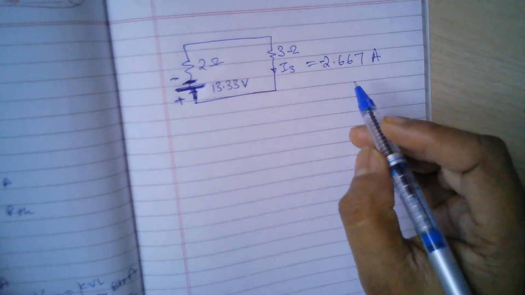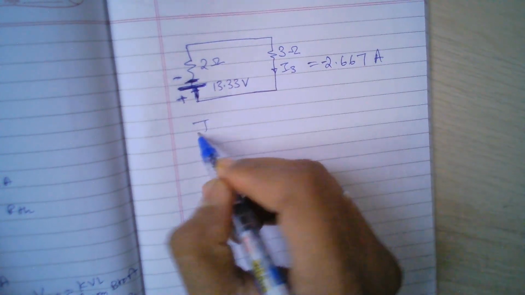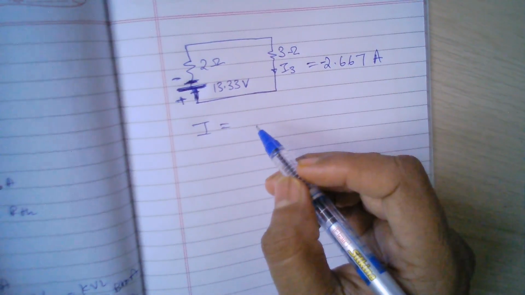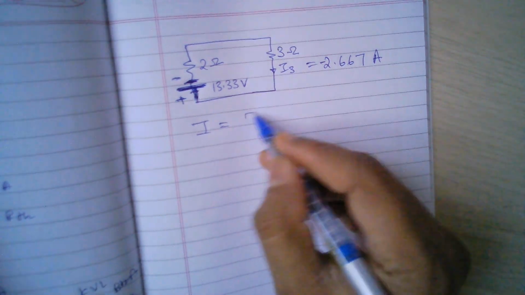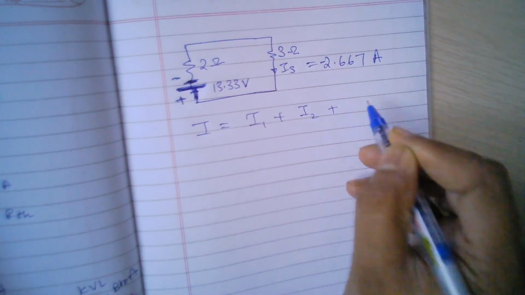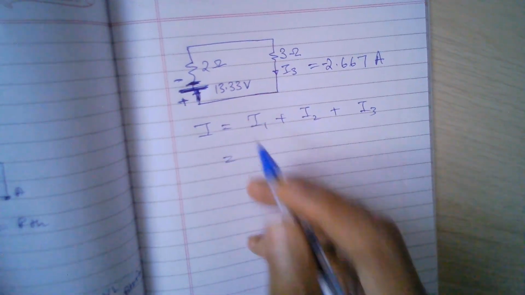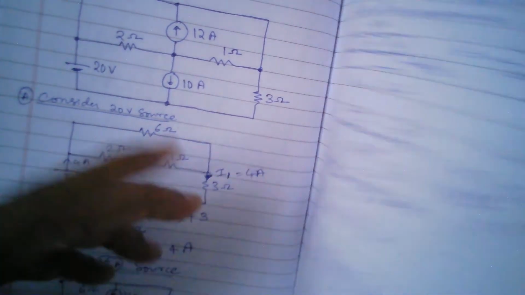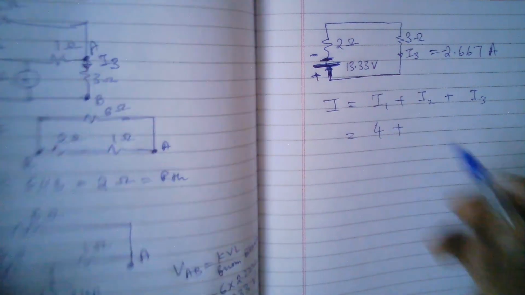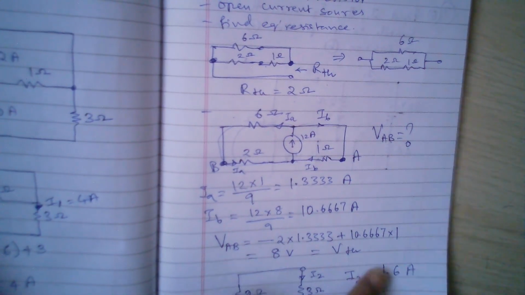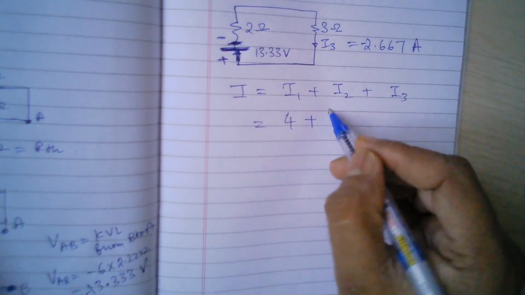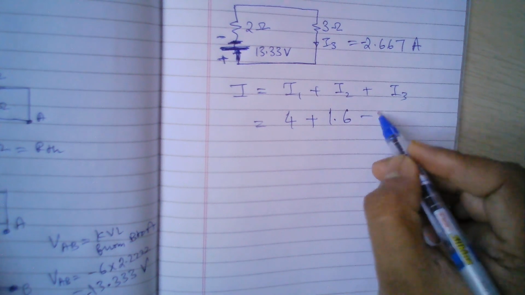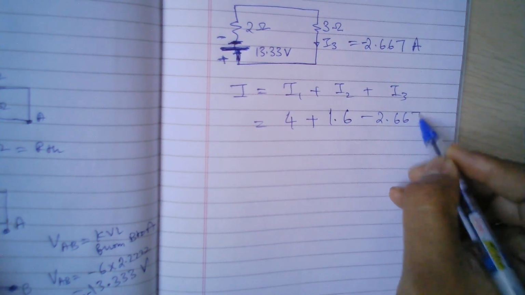So let us calculate the total current. Okay, so the total current using the superposition theorem is I1 plus I2 plus I3. So if I go back, I1 value was 4 amperes. So 4, plus I got I2 value of 1.6 amperes, so 1.6 amperes, and then I3 is minus 2.667.